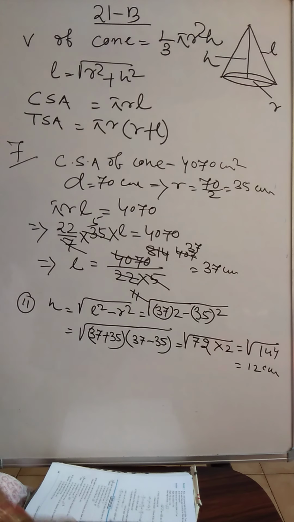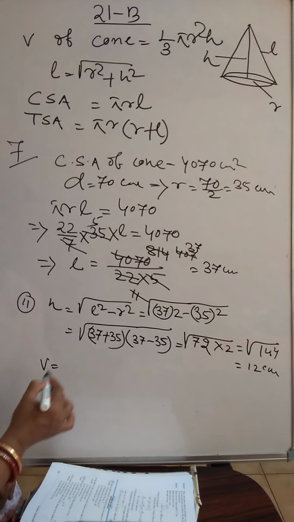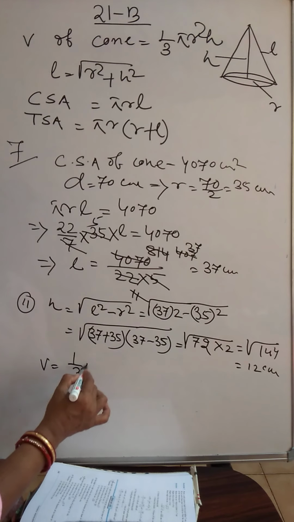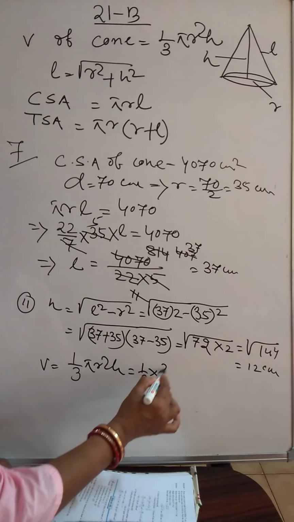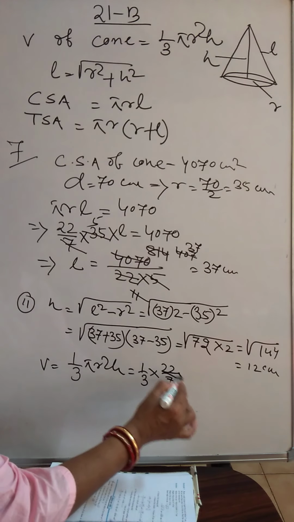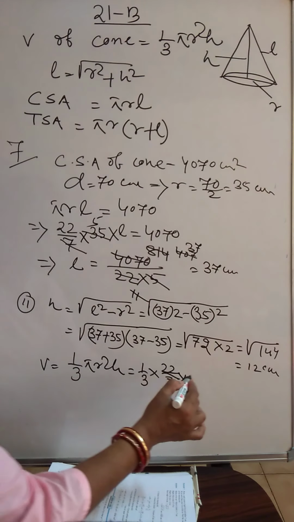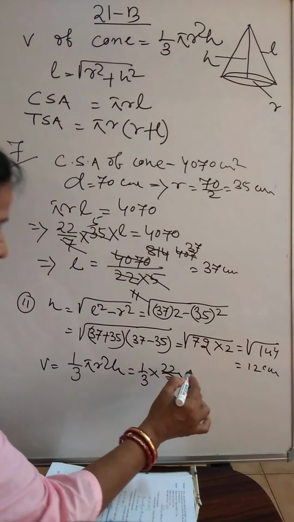Then you have to find out the volume. Volume is equal to 1 by 3 pi r square h. 1 by 3, pi value is 22 by 7, R value is 35 into 35 into 12.